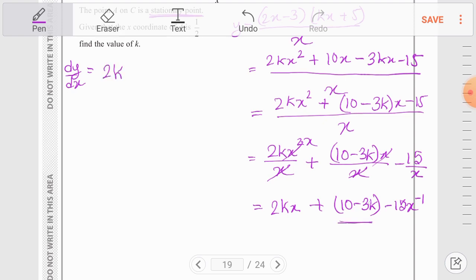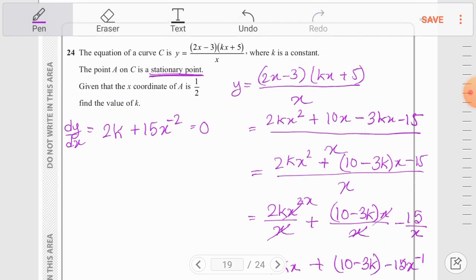This entire 10 minus 3k would vanish because it doesn't have x associated with it, and the minus 15 x to the power minus 1 would be positive 15 x to the power minus 2, and it would be equal to 0, because at a stationary point dy by dx is always equal to 0.